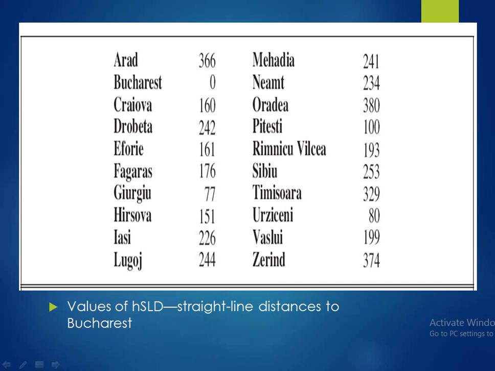In Bucharest it will be 0. In Craiova it is 160, in Drobeta it is 242, and so on. So these are the different straight line distances provided here, which are nothing but the values of hSLD.